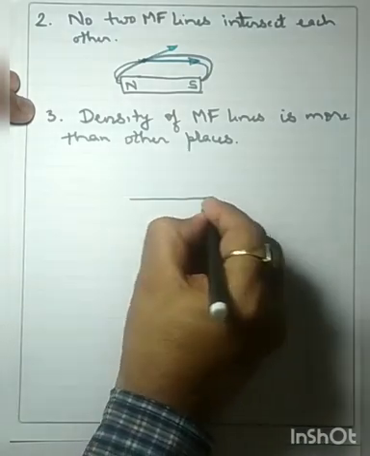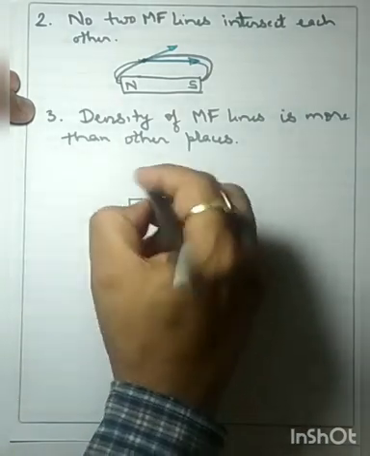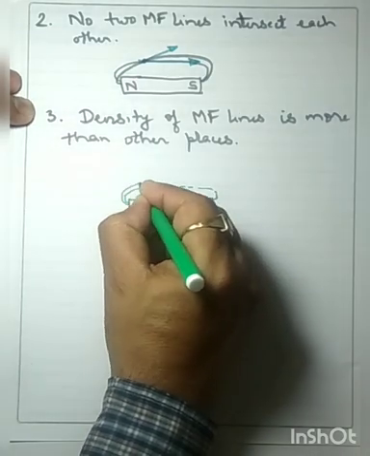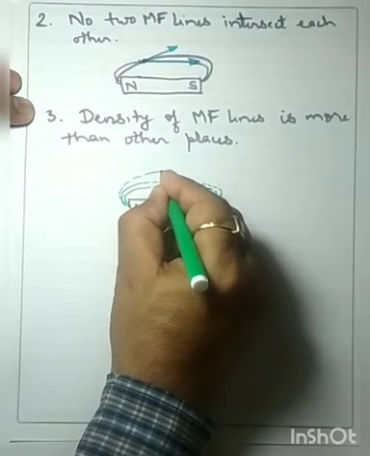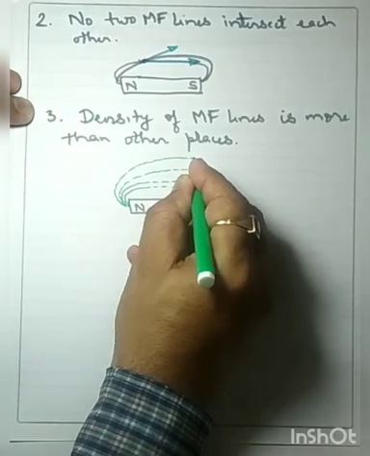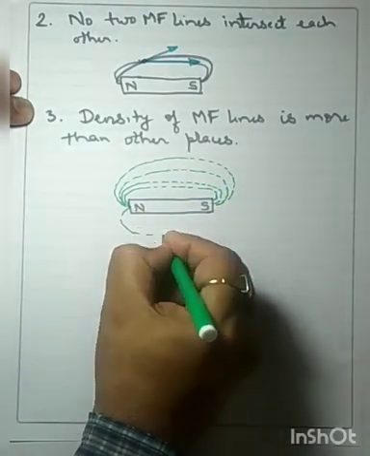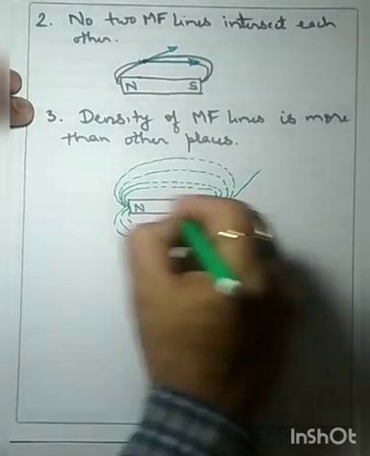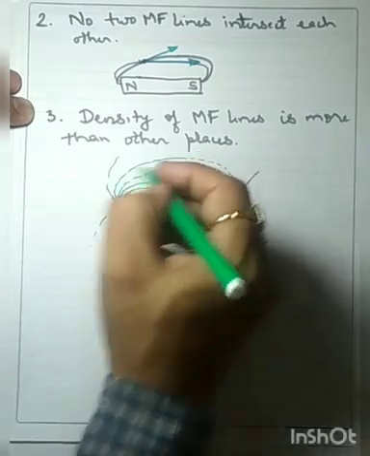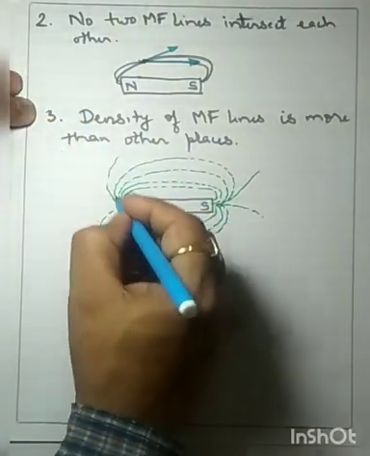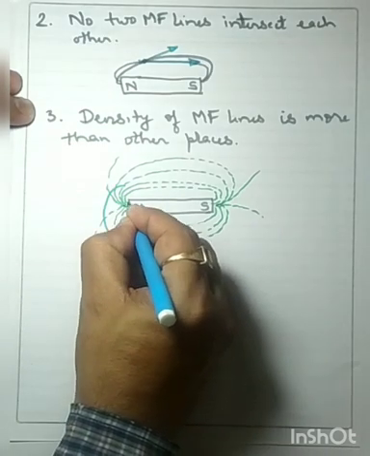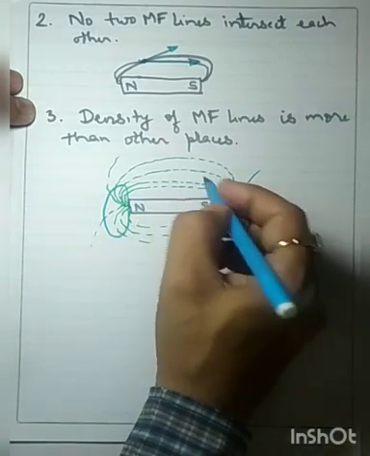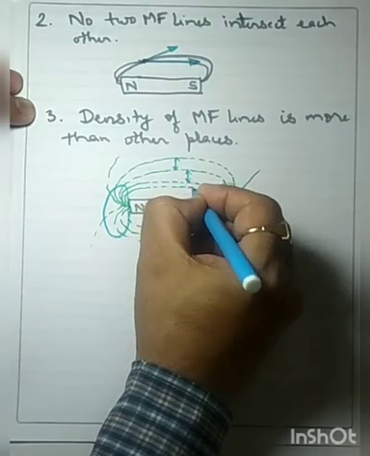Means if we draw the magnetic field lines, then we observe that suppose this is the magnetic field line, or magnetic field curve as we call it, and if we observe this, then we find that the magnetic field lines near the poles are more closer to each other, but at places other than poles, they are at a certain distance from one another.